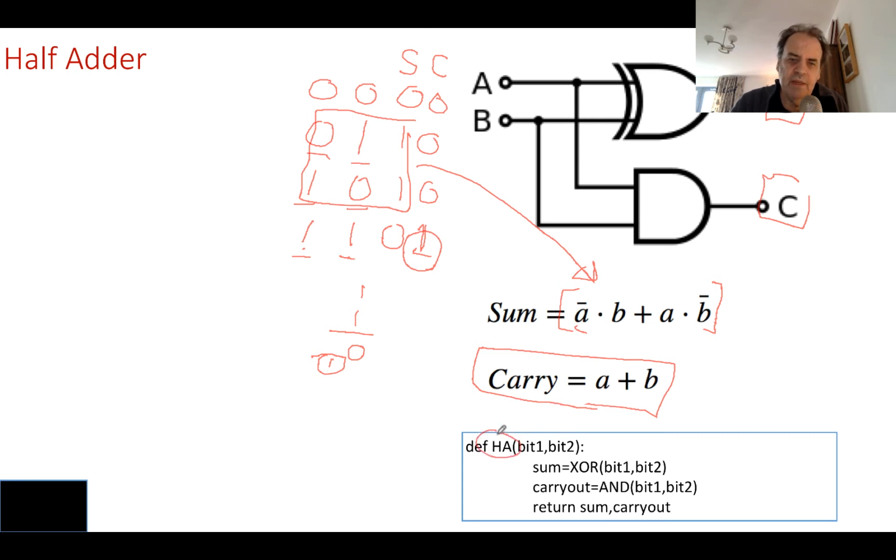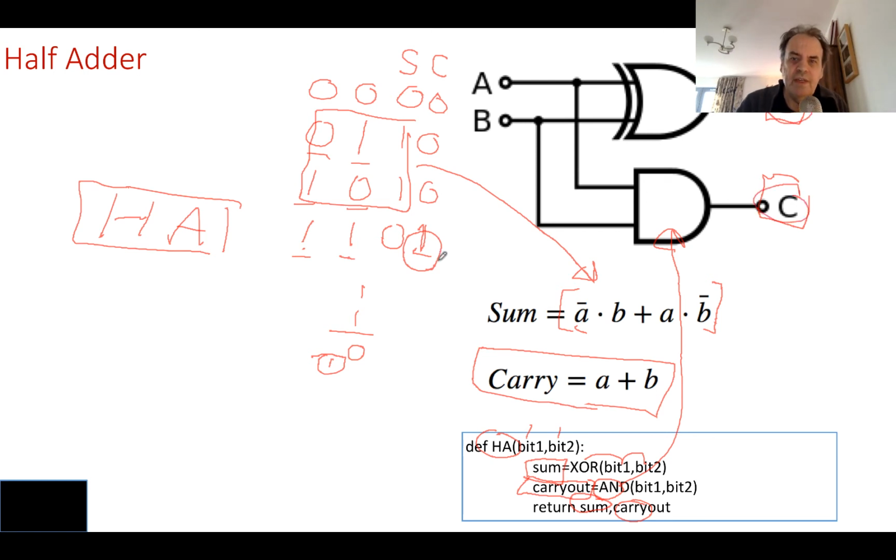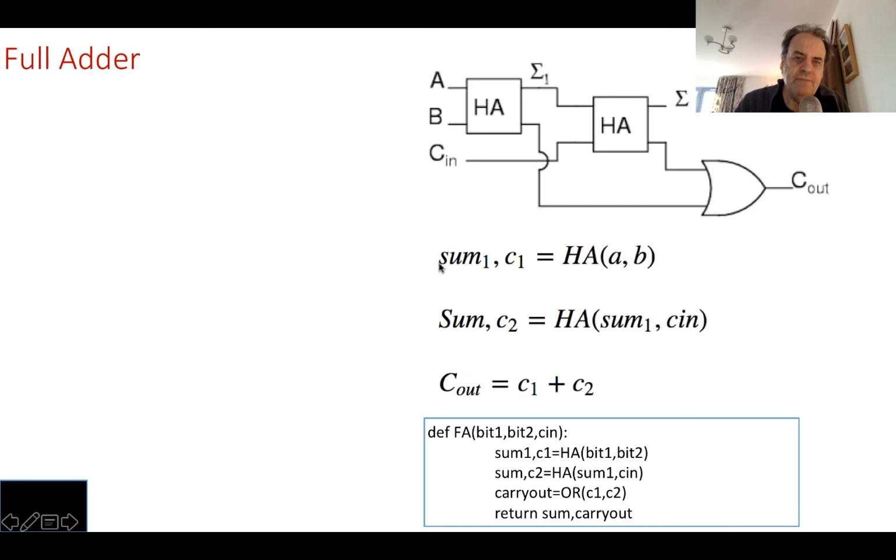So in Python, if we take 2 bits, then our sum becomes the XOR, as we've seen in the function we used before, and then the carry out becomes basically the AND function, or the multiply, and we can return back the sum and the carry. So this is a half adder, and the half adder only does one sum for 2 bits and produces the carry out.